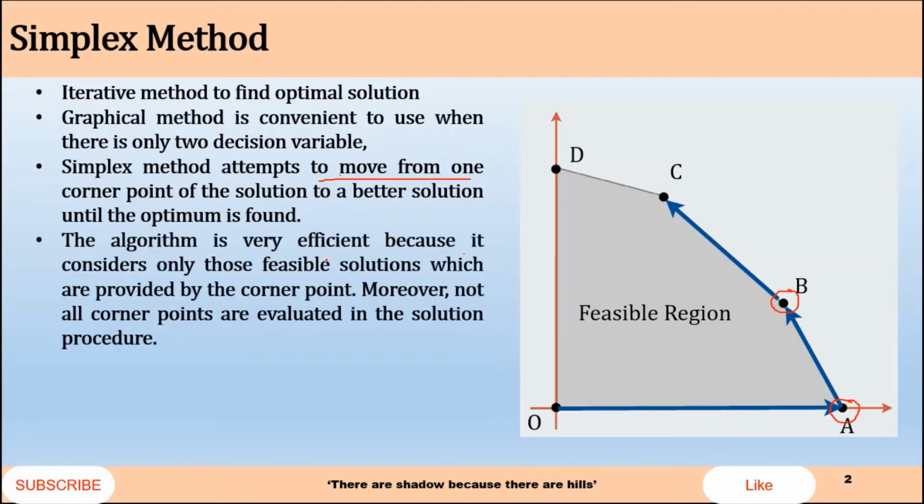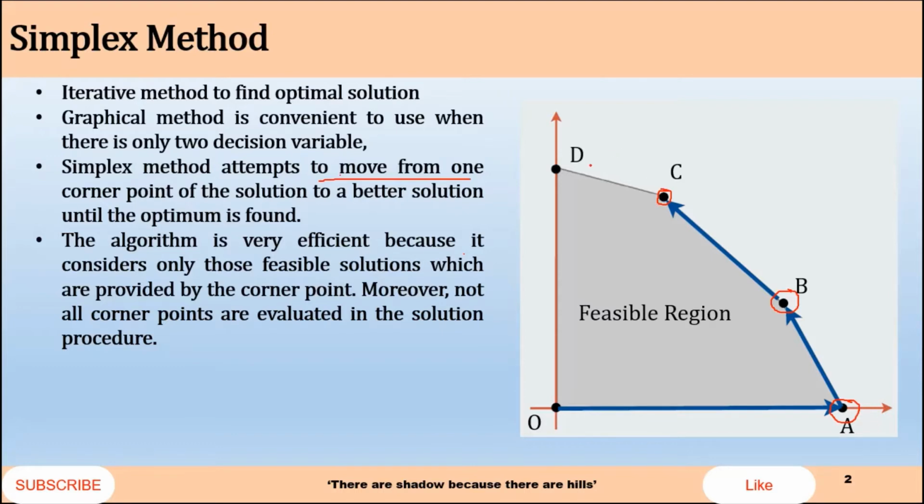The algorithm is very efficient because it considers only those feasible solutions which are provided by the corner points. Moreover, not all the corner points are evaluated in the solution process. Let's say after evaluating points O, A, B and C, you have found that point C is the optimal solution.